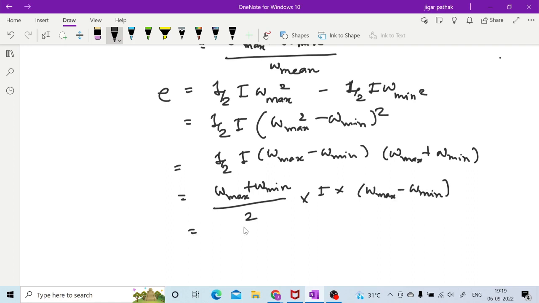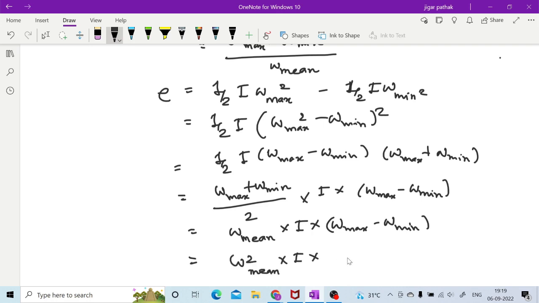Now omega max plus omega mean by 2 is nothing but mean or average omega, then I, then again omega max minus omega mean. Now what you are going to do is multiply it with omega mean, so it is omega square mean into I into omega max minus omega mean and divide by omega mean, because you have multiplied with omega mean and divided by omega mean.